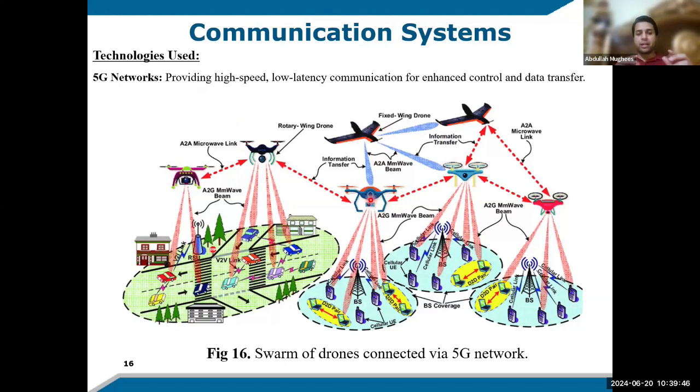We need data to transfer from one to another to do the task that was assigned to them. We can use advanced communication networks such as 5G, maybe 6G as well in some parts of the world, to establish such a strong and robust network that is not interrupted, does not have any latency, and can transfer huge amounts of data in no time.